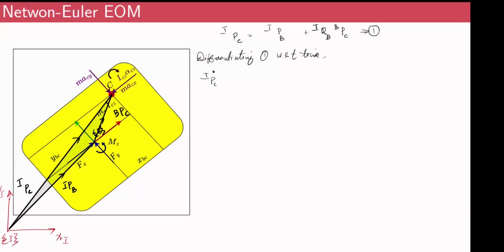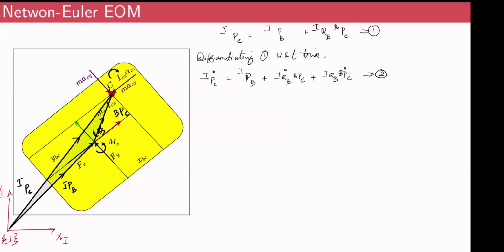Then we'll apply it throughout: the position vector of B with respect to I, dot, plus, for the second term, we'll have to apply the product rule, right? So that makes it IRB dot BPC plus IRB BPC dot. I label this as equation 2.